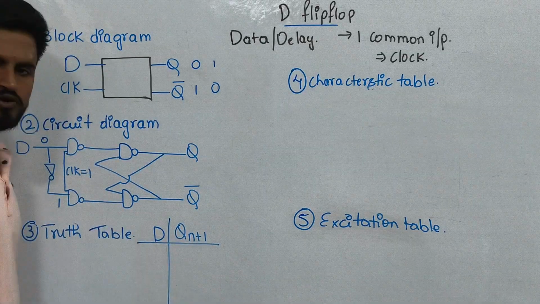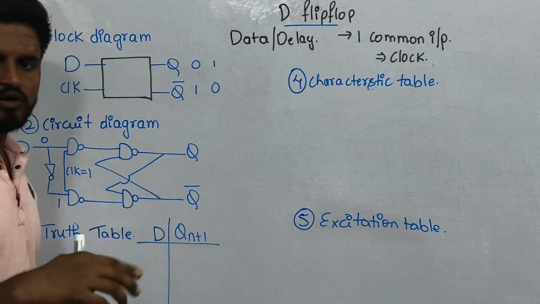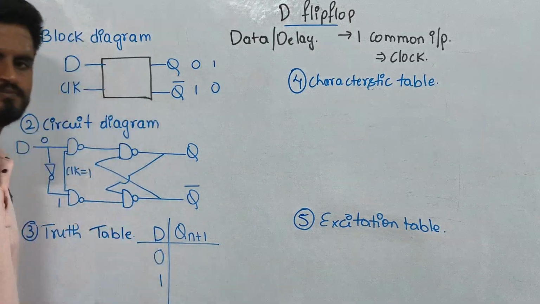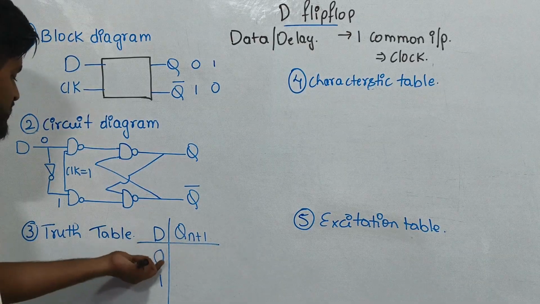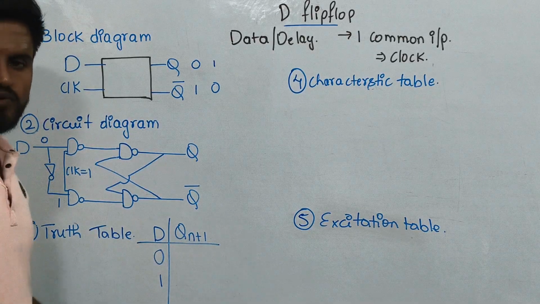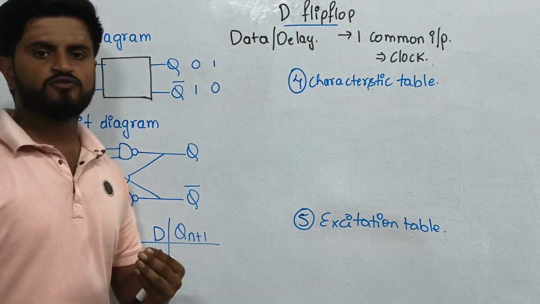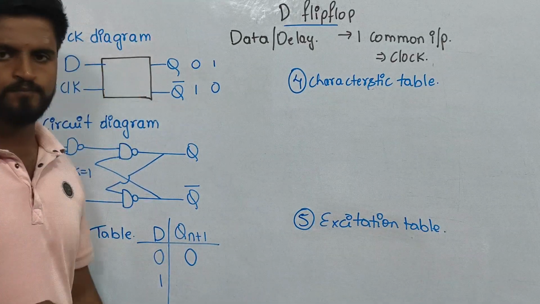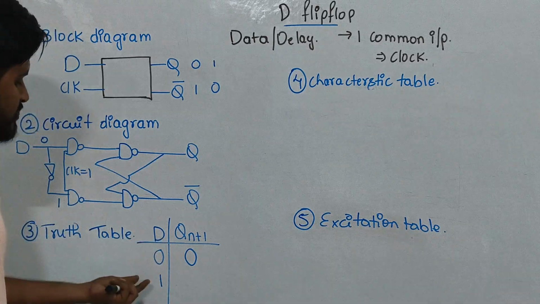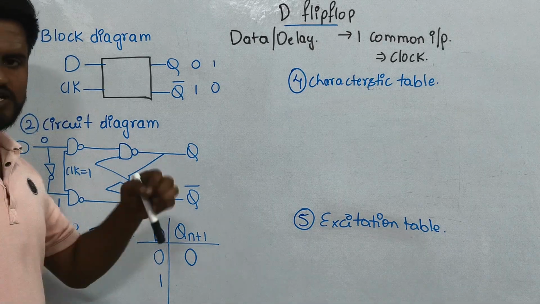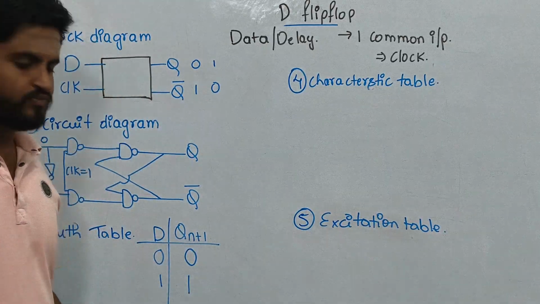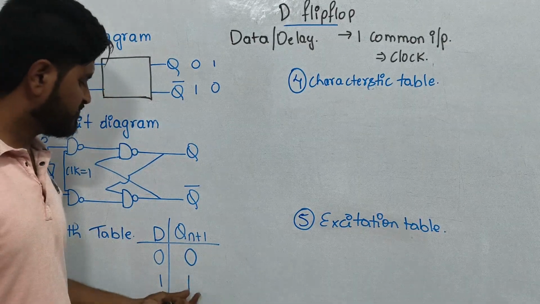Now, since I am having only one input, what will be the combination? Combination will be 0 and 1. When D value is equal to 0, that is, when there is no input given using the data or delay, no output will be given, that is 0. When D value is equal to 1, when the input is given, you will be getting the output. So you will be writing 1. 0 is equal to 0, 1 is equal to 1.